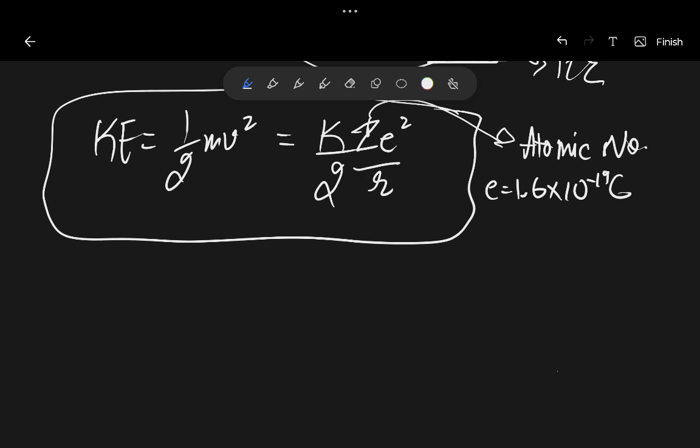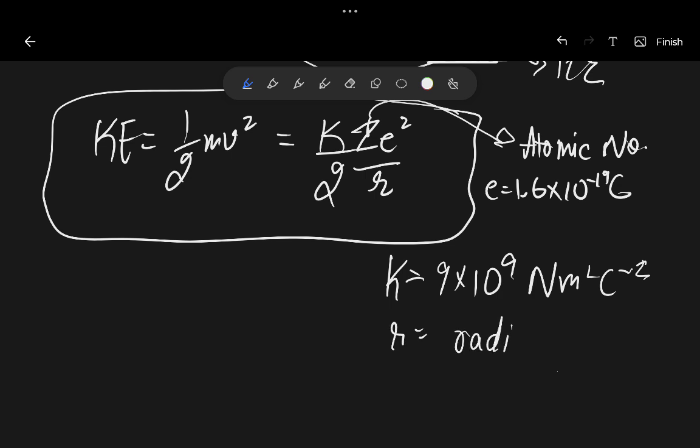And K is a constant, which is 9 into 10 to the power 9 Newton meter square coulomb minus 2, and R is the radius of the electron. What I mean by radius of the electron is the distance between the electron and the nucleus of the atom. Right, so this is how we get this.